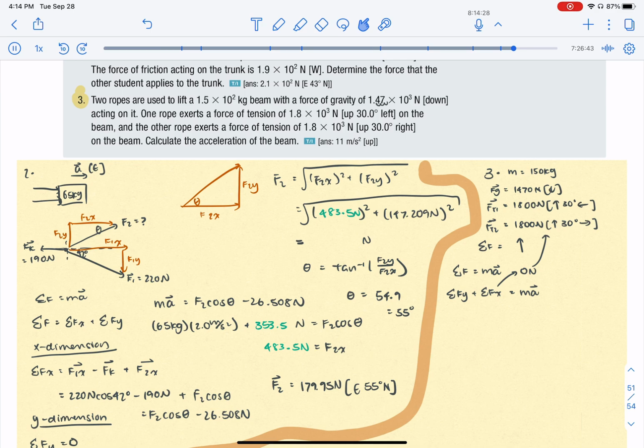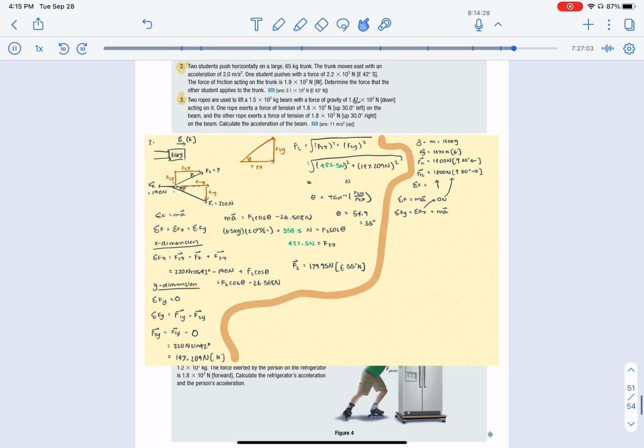So when the forces acting on the object are not balanced, right?